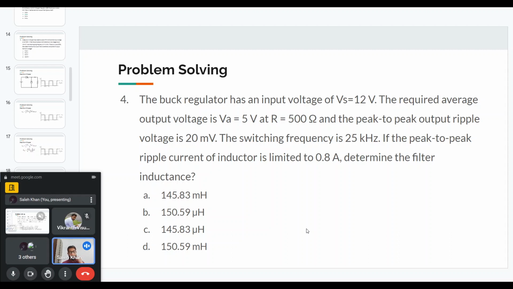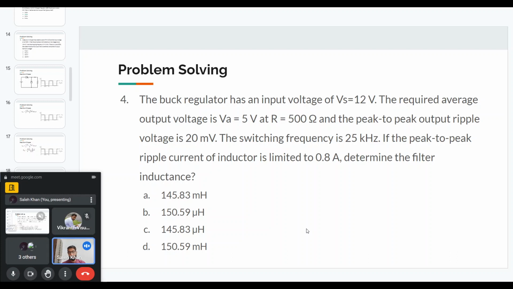So the fourth question is now asking about a buck regulator. So this is not a chopper circuit, it will be a full buck circuit which will have the filter inductor and the capacitor as well. It has an input voltage of 12 volts. The required average output voltage is 5 volts and the load resistance is 500 ohm.